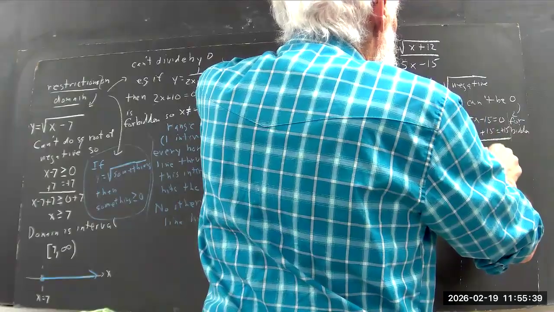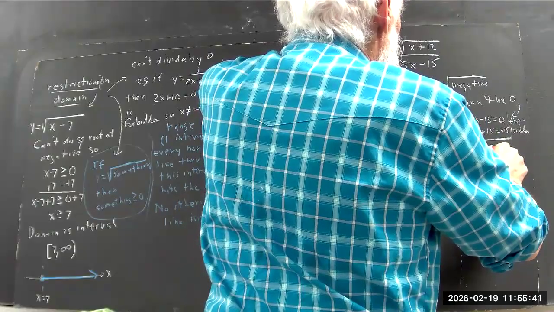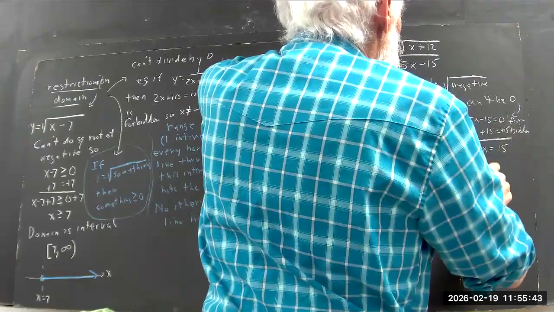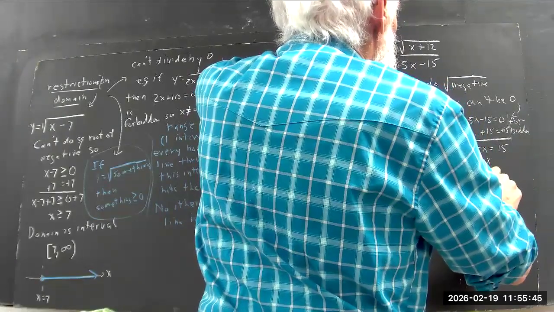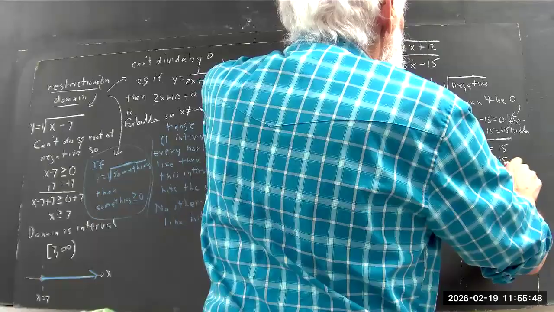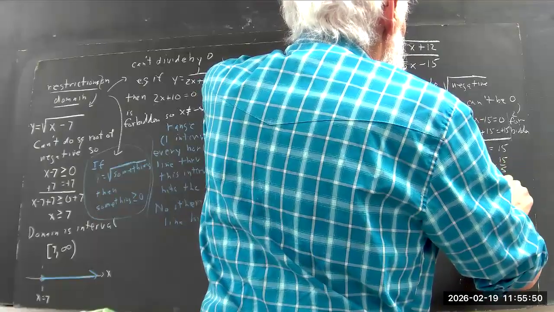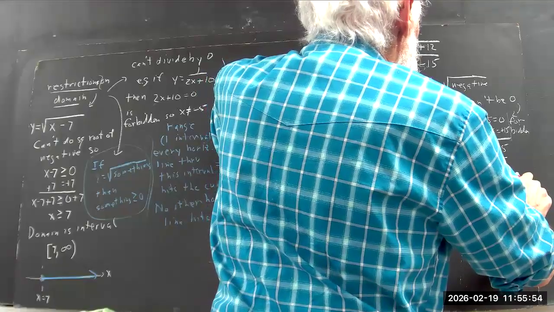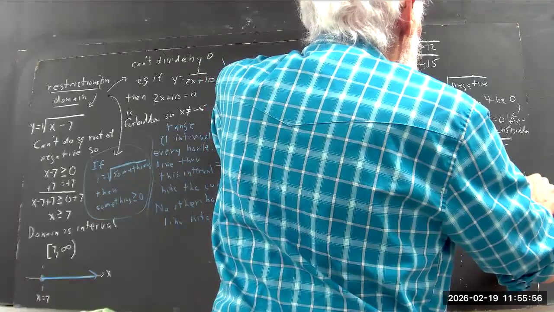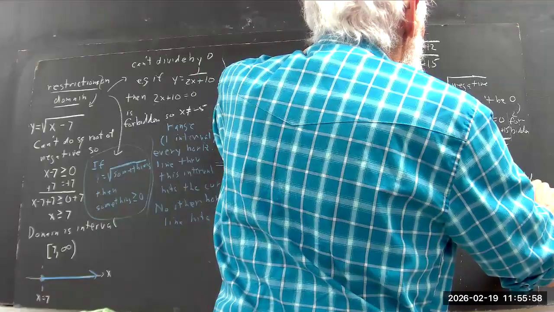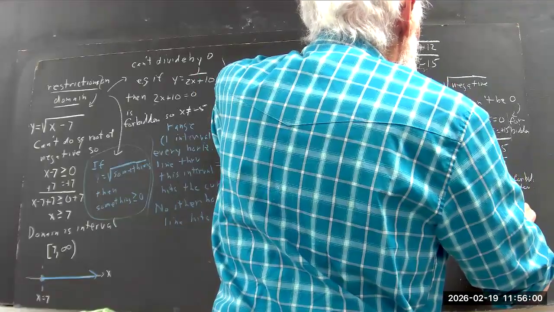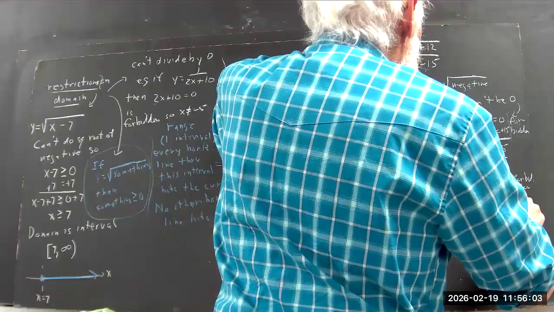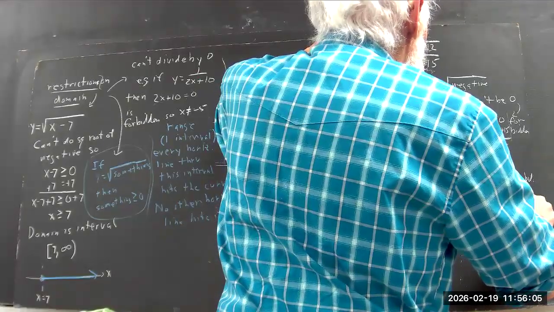And we get 5x equals 15. And we divide both sides by 5. And we get x equals 3. Forbidden. So x is not equal to 3.